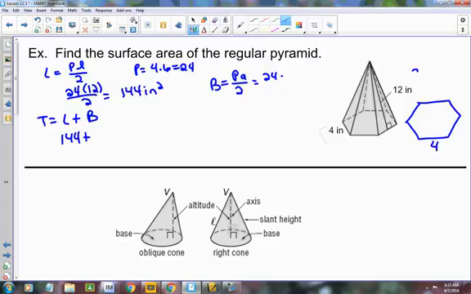We have to find the measure of the central angle, which is 360 divided by 6, which is 60. So this angle here is 60, and then I drop that altitude, which is also the apothem, and what does it do to that angle? Cuts it in half, so this becomes 30, and then this little piece becomes 2. So I've got this right triangle, where this is 30, this is 2, and I need this little apothem. It's going to be 2 radical 3.